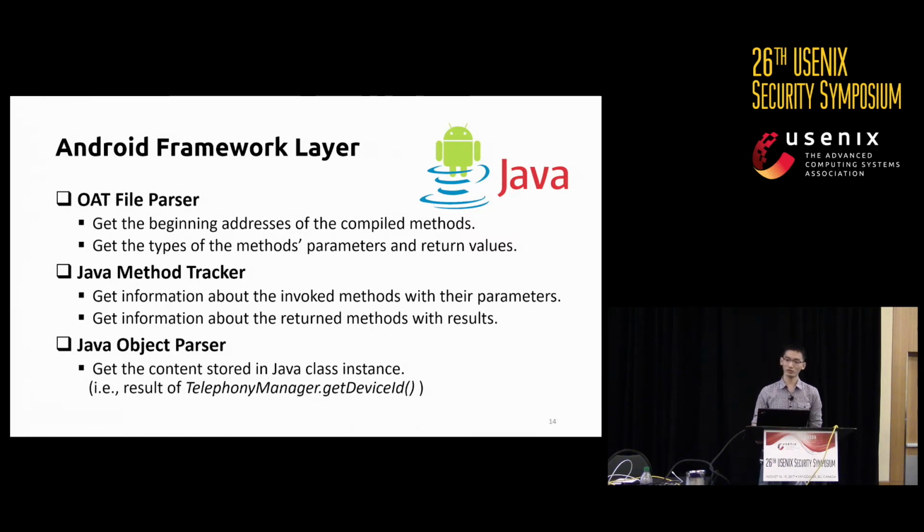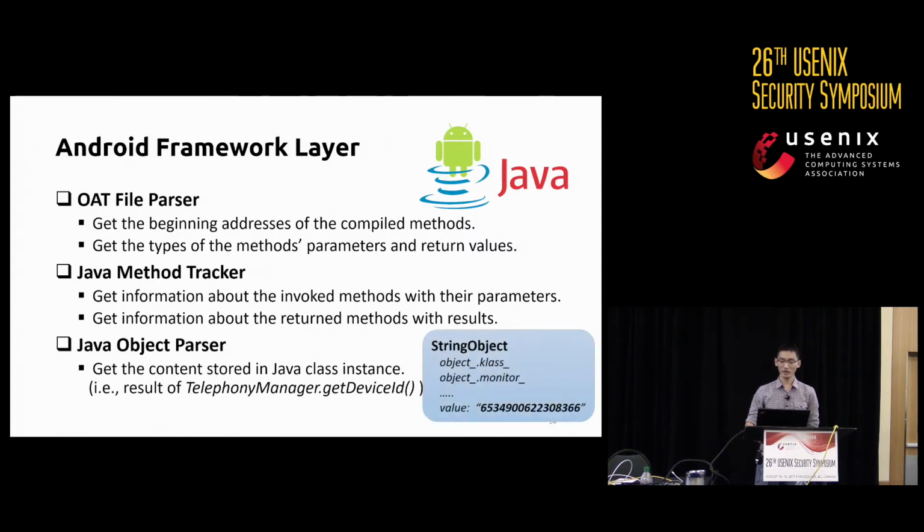This method is used to read the device ID, and the result is stored in a Java string instance. The Java string instance is represented by a Java object. When this method returns, we can get the address of the Java object in memory. Then we can parse the Java object to get the concrete value of the device ID.